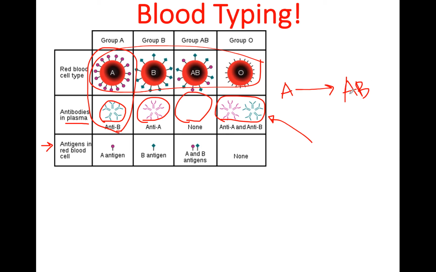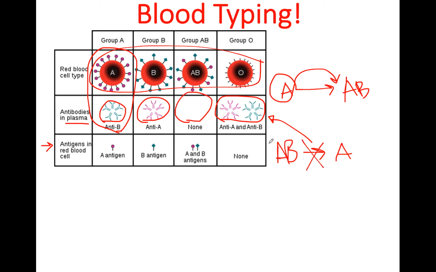AB blood has A and it has B, so it's fine accepting someone who's also an A. Now let's turn the tables. Can someone who has AB blood donate to someone who has A blood? The answer is no. Why?